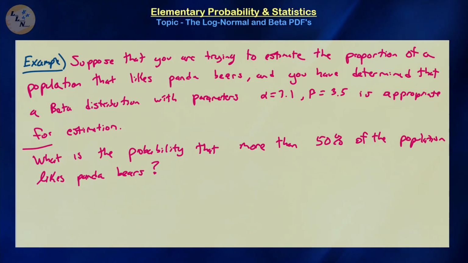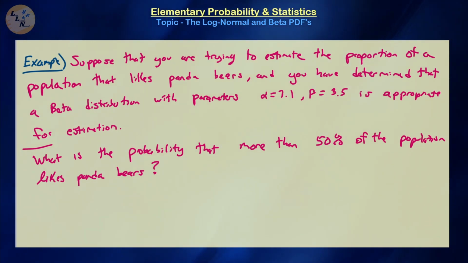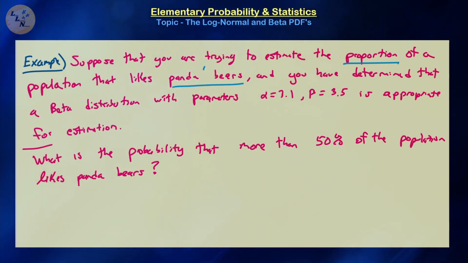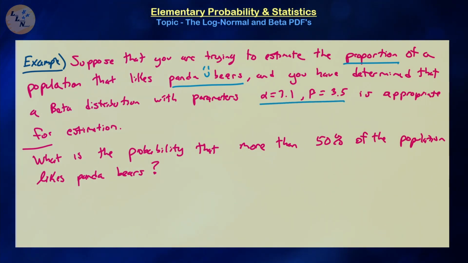Here's a real-world example of where you may want to use the beta distribution to model something. Keep in mind, the domain of a beta distribution is from 0 to 1, so probabilities and proportions are something that you can model with a beta distribution. So let's assume that you're trying to estimate the proportion of a population that likes panda bears. And you have determined that a beta distribution with parameters alpha 7.1 and beta 3.5 is an appropriate model for estimation.